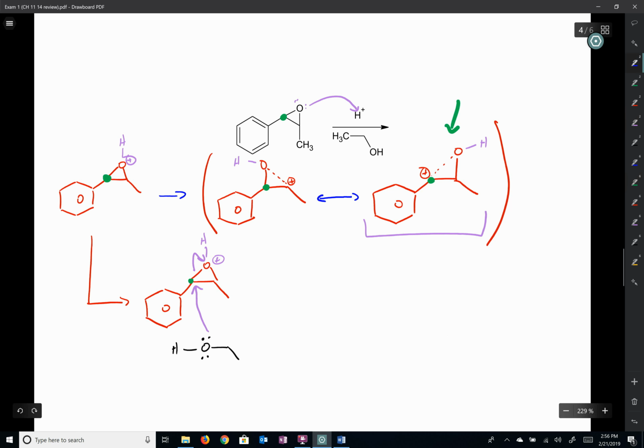So let's draw what happens next. All right, so now we got this. We opened up our ring and made a bond to our alcohol. And then for the last step, probably more of our acid, more of our alcohol, or maybe even another epoxide. Whoops, getting ahead of myself. More of our alcohol is going to come in and clean things up.